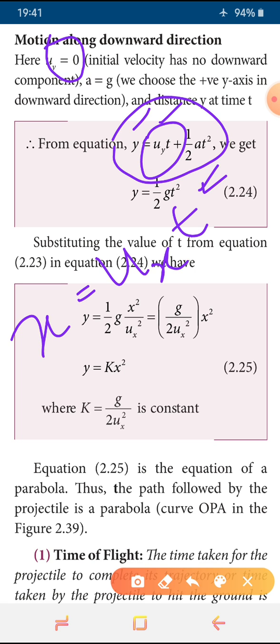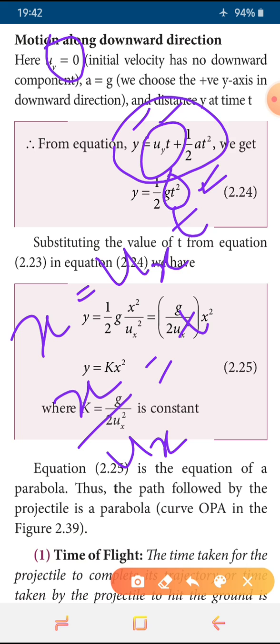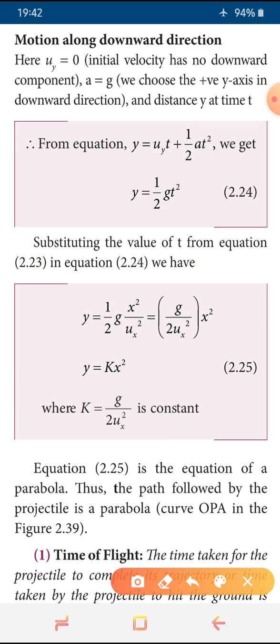From that, t is equal to x divided by ux. So in this t we are substituting. So t is x divided by ux, and in half g t square we substitute x square by ux square, since it is already squared.